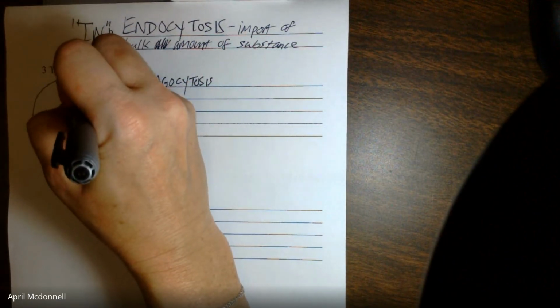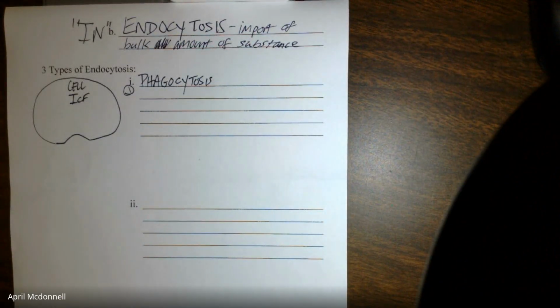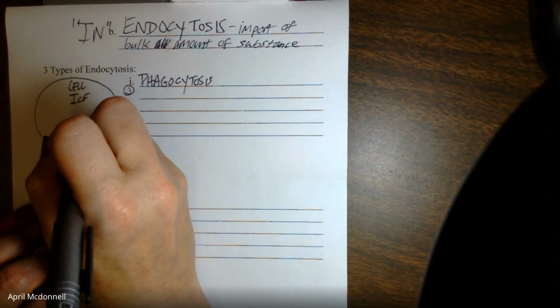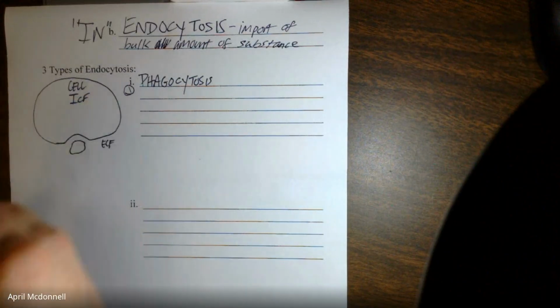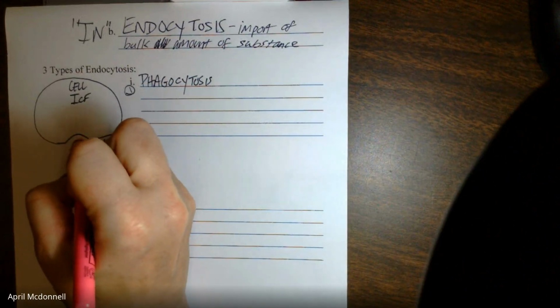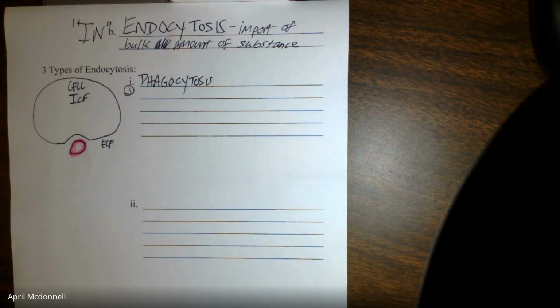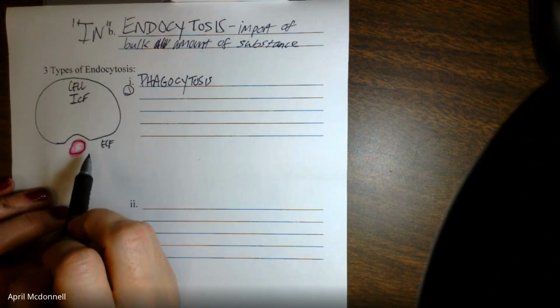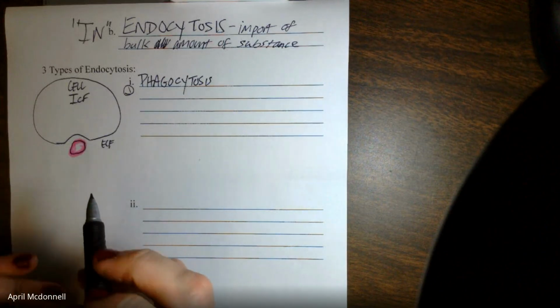So here's the cell, here's the ICF of the cell. And let's say there is a large substance out here in the ECF. So here's the ECF. And there's this large, bulky substance out here in the ECF, the extracellular area. So what happens is the membrane forms this little indentation to get ready to accept this very large substance.